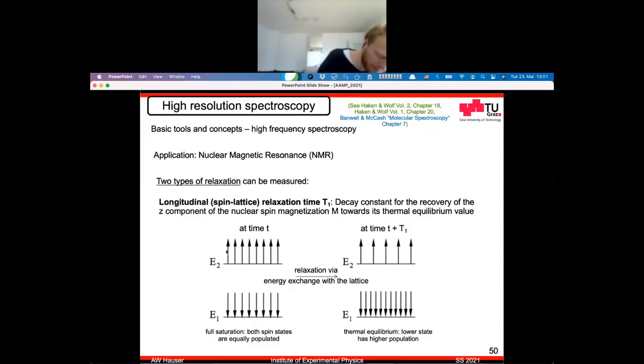And now we wait some time, till the population goes basically back to this thermal equilibrium state, where the lower state has the higher population according to the Boltzmann distribution, right? This is what we call the relaxation time. So we look at how long it takes until this occupation of the E2 state is reduced to 1/e of it. This would be our typical T1 time, the relaxation time for the longitudinal component of the total magnetization of your probe to go back to the state of minimum energy.